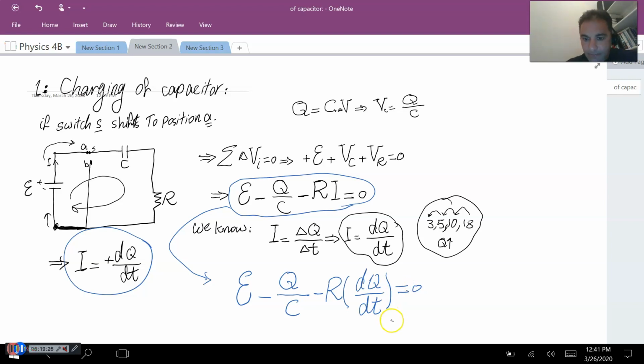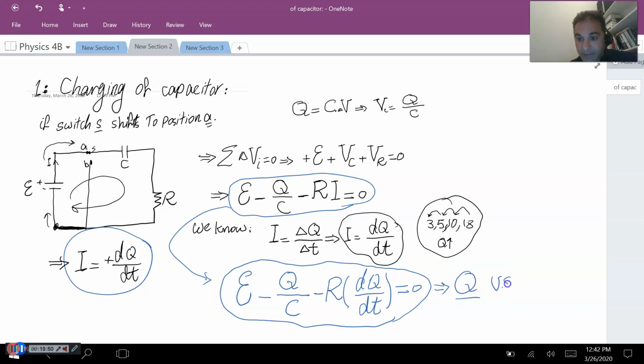Now, guys, what we got here is a differential equation. If I solve it and find Q versus time, which is actually your job, I usually did this last semester.